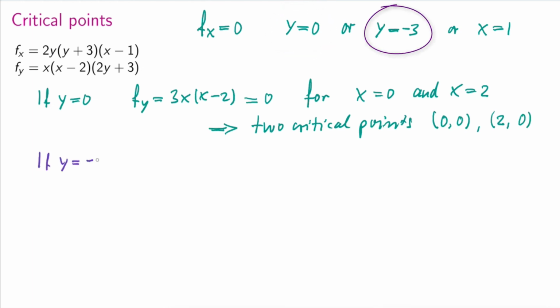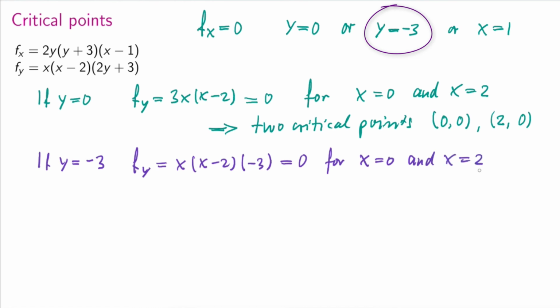Let's look at the next value. So if y is minus 3, again we look at fy, but now we sub in y is minus 3. x(x minus 2), and 2y plus 3 gives minus 6 plus 3, which is minus 3. And so now this is equal to 0 again for x is 0 and x is 2.